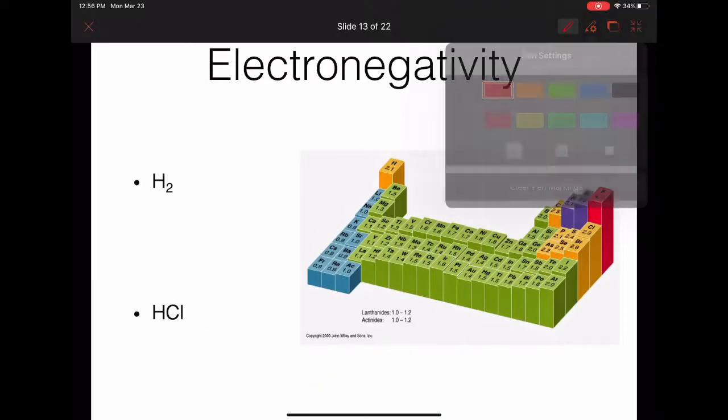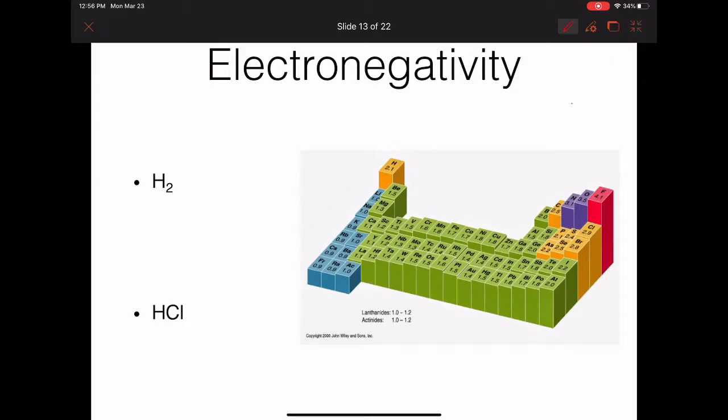If I'm looking at H2, the way I would go about calculating this is to say that hydrogen is an H-H bond. Hydrogen is 2.1, and I'm subtracting from that a 2.1, which gives me a difference of 0. So remember, difference of 0 means that no one element is pulling on the electrons any more than the other one.